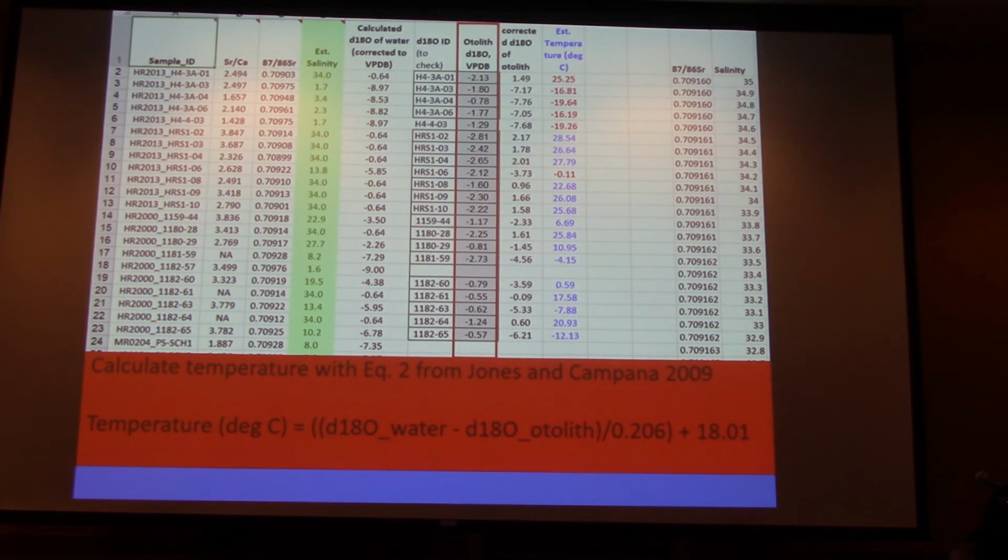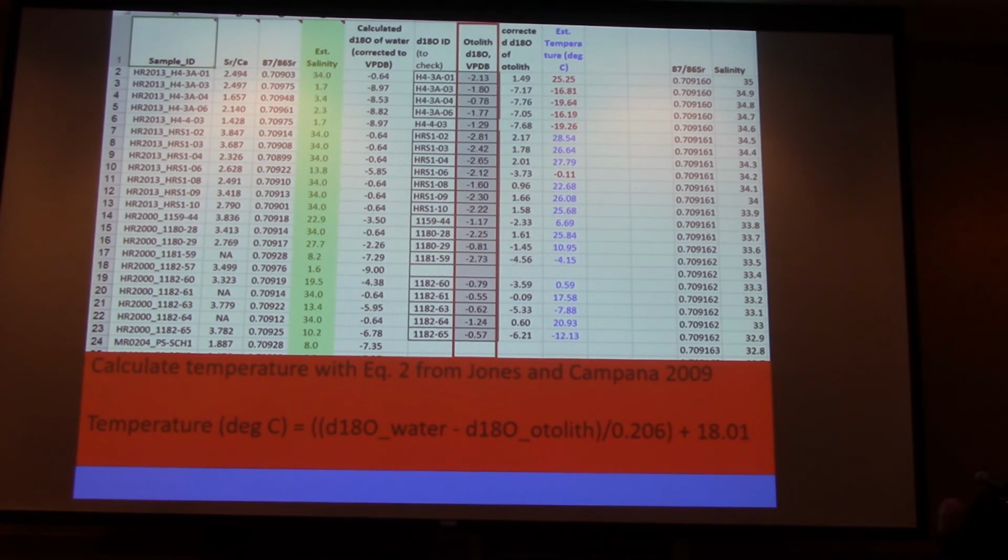So at this step, we sent that tiny fraction of dust out to be analyzed for oxygen isotope ratios, and we finally end up with this column right here. Those are the oxygen isotope ratios for the otoliths themselves.